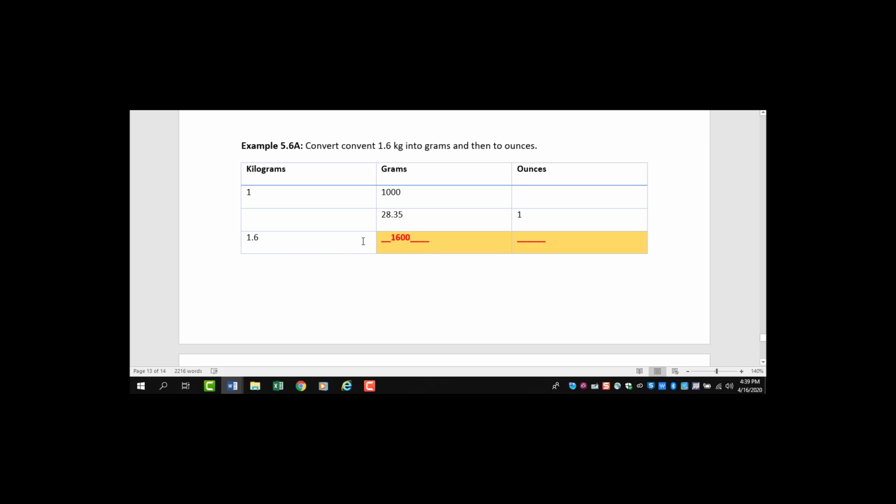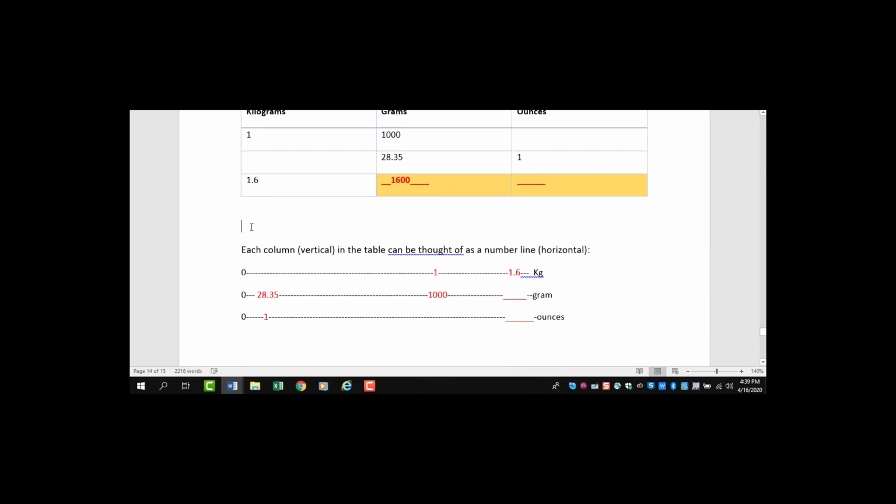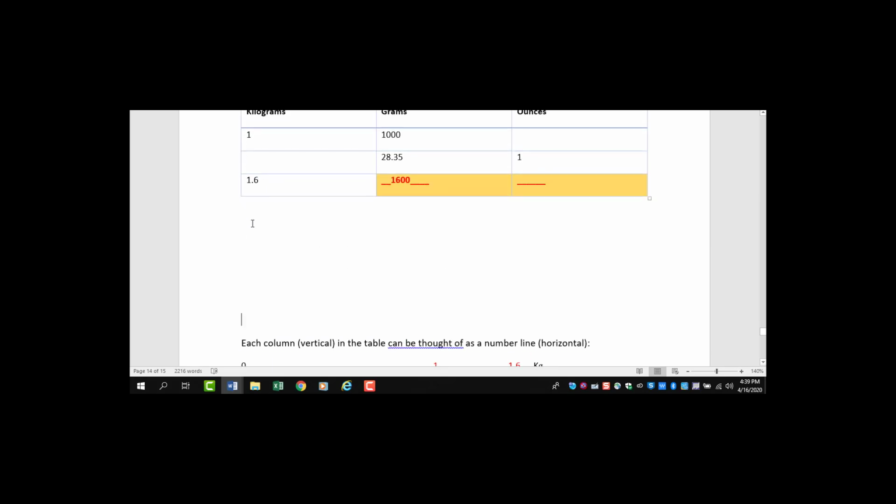Now, I can either set up a proportion, which I will show you, but really what's going to happen is, if I take 28.35 and divide it by 28.35, I get 1. So if I take 1,600 and divide it by 28.35, I will get the answer, which is 56.44. But I'll set it up as a proportion to solve this, just to show you.